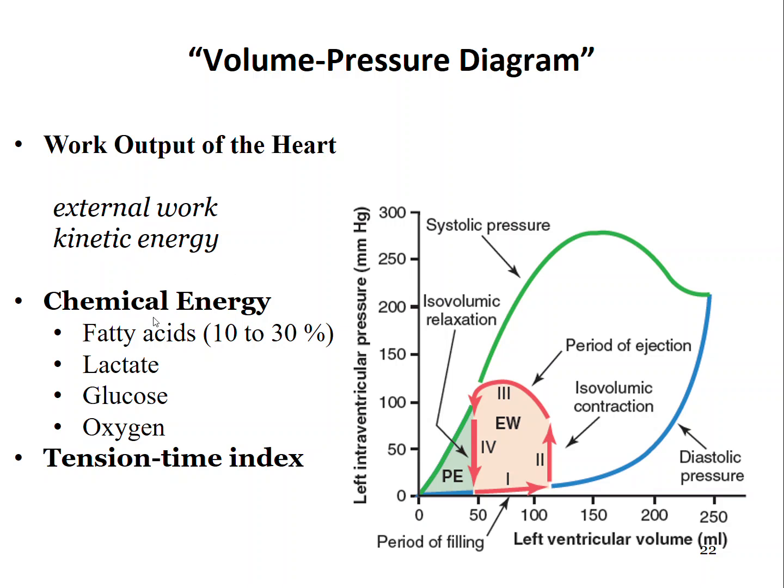So for doing this work, the heart needs some energy, which comes from fatty acid, lactate, glucose, and oxygen. Most of the energy comes from fatty acid, which is about 70 to 90% of the energy. This number is wrong.